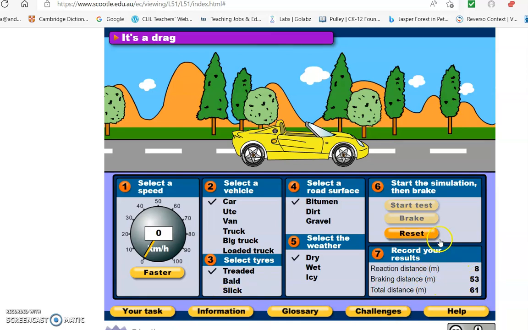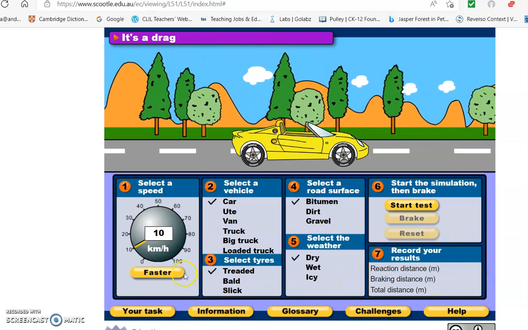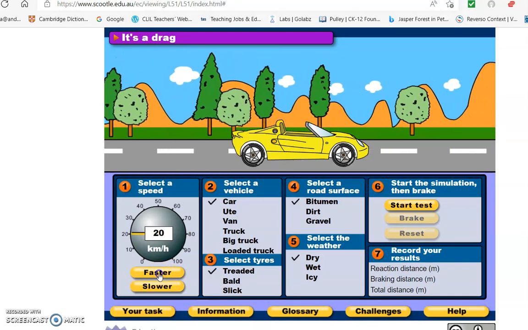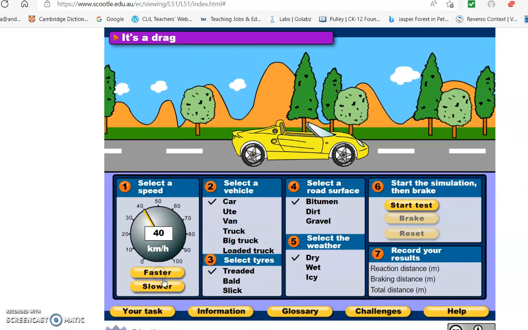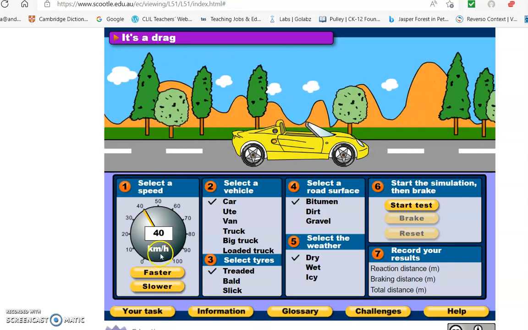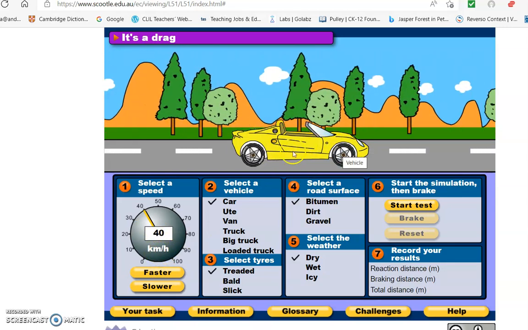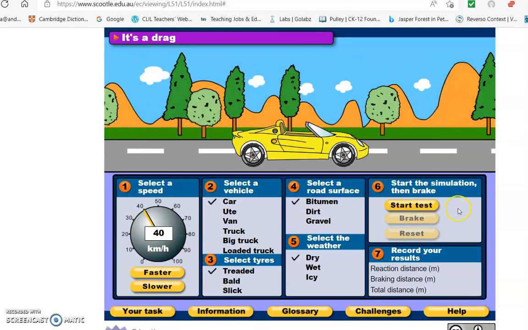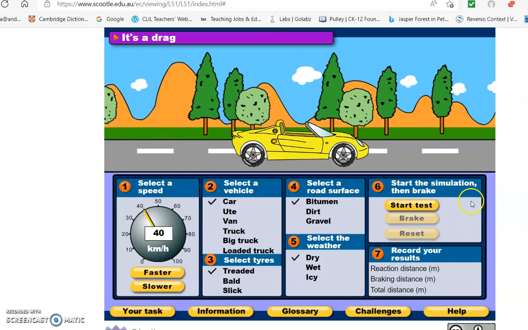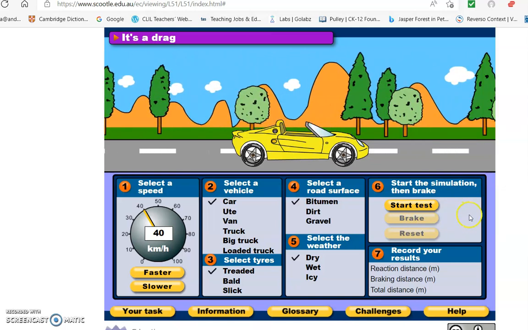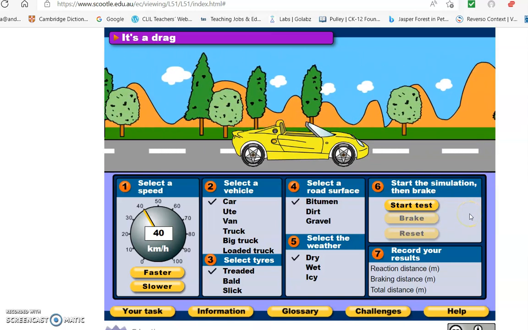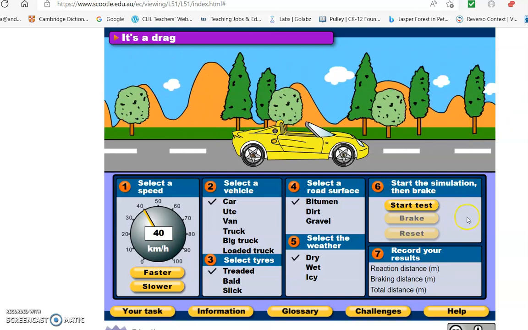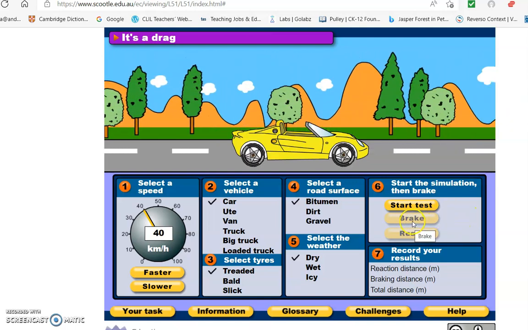So let me start here. For 40 kilometers per hour as the speed of the car, if I click on start test, first you will see a green sign, and after that it turns to red. As soon as I see red here, I need to press brake.